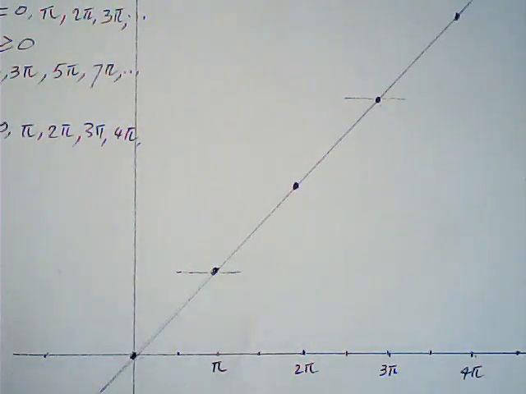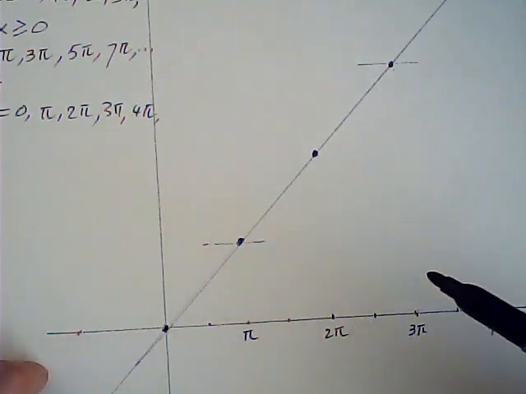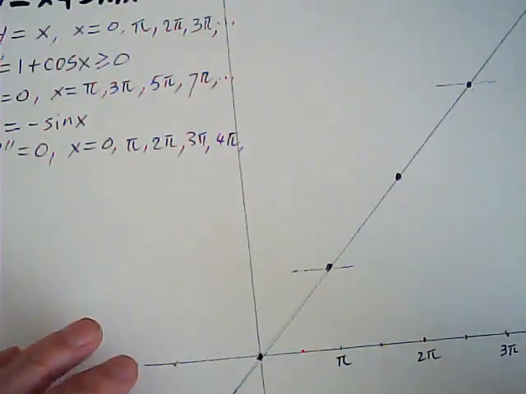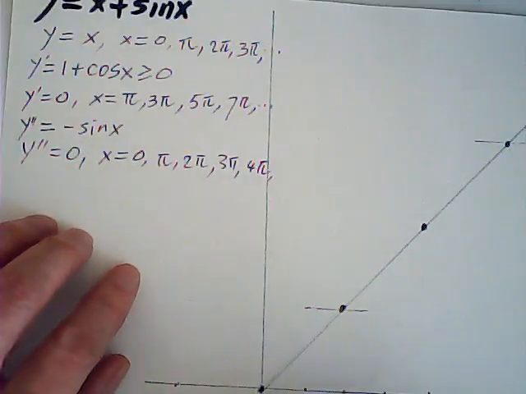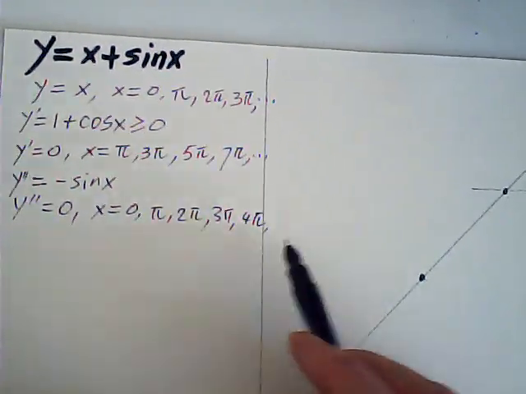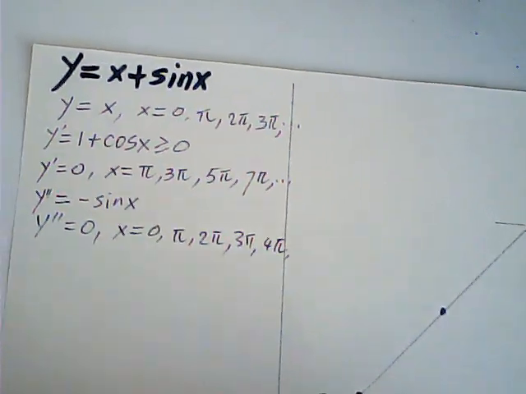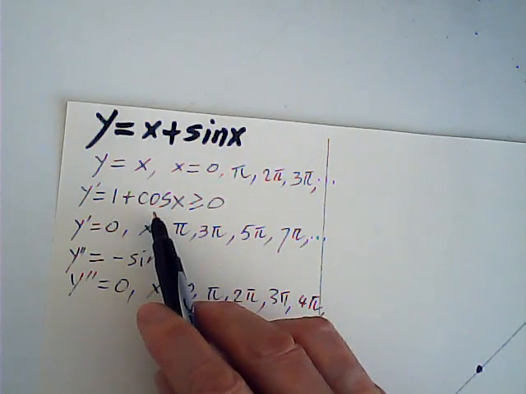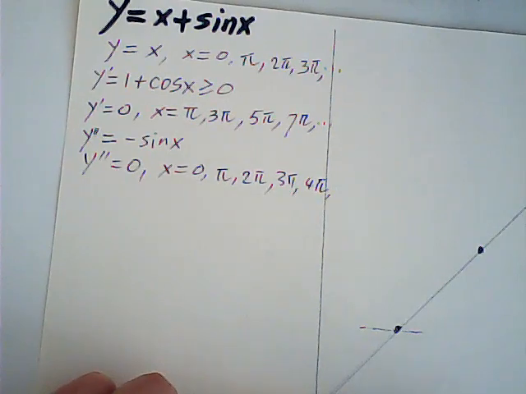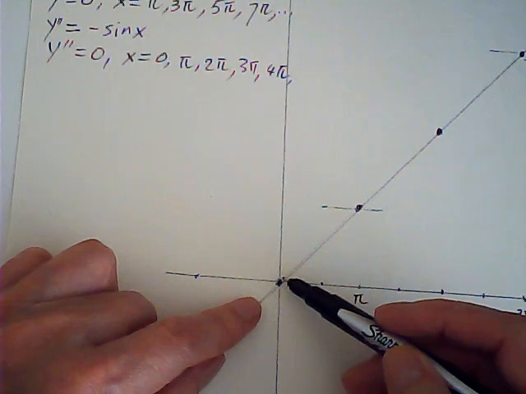Oh well, we have something else. Look, at those points like the point of inflection, say at this point, what's the derivative? The derivative will be equal to 2, which means at this point the slope of the tangent is 2.